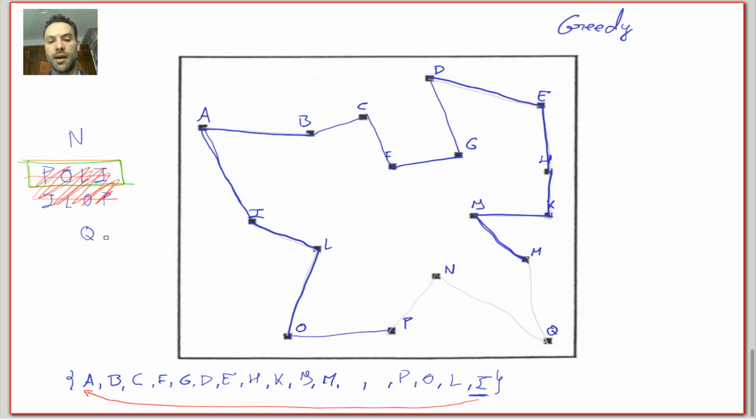Here we are evaluating N and Q. Between these two options N is the best one, so we write here N, and finally the last one is Q. So, well, in this case we will have produced the optimal solution.